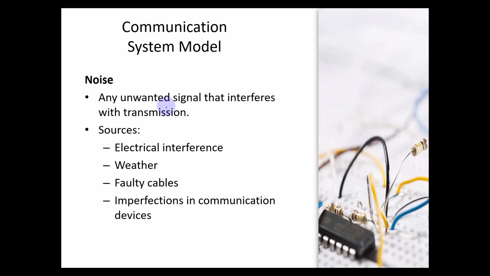When the cables are faulty, they introduce noise into your data as it passes through the cables. And then there are certain imperfections in the communication device. No communication device is perfect, so there will be some sort of noise introduced internally in the devices as they pass data from one point to the other.